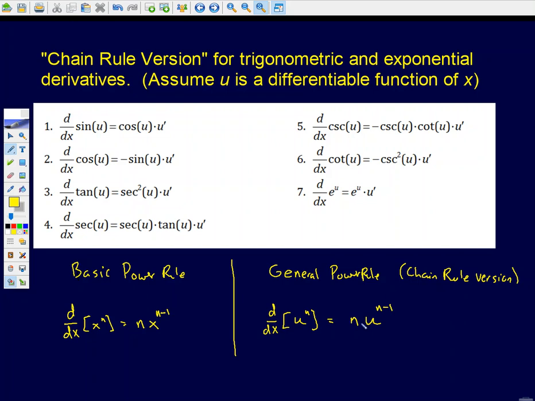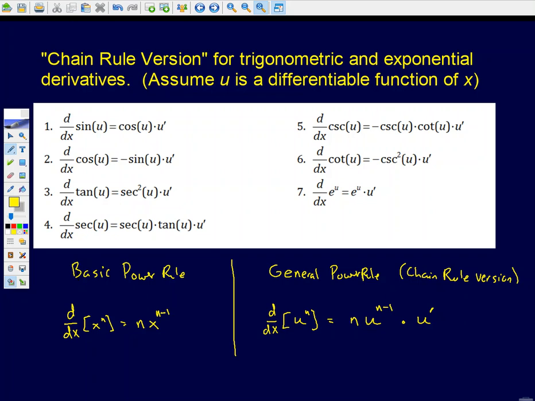But this is u, not x, which means the derivative of u has to get multiplied as well. So again, this is the derivative of the main function times the derivative of the inner function, u prime. So above here we have what I call the chain rule version of the remaining derivatives that you've already learned.